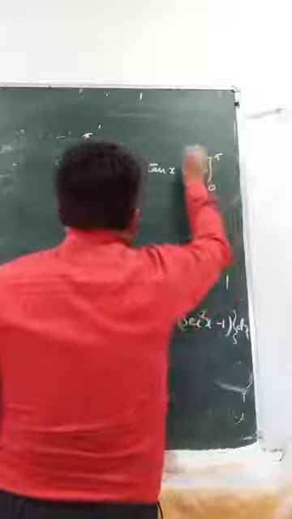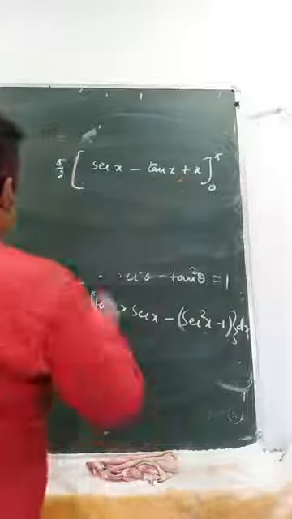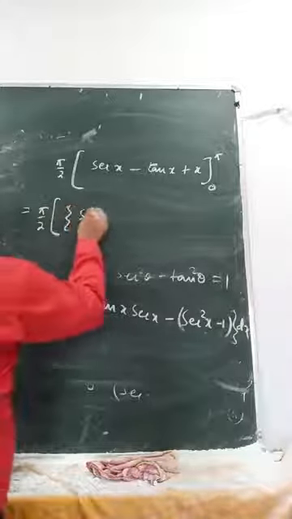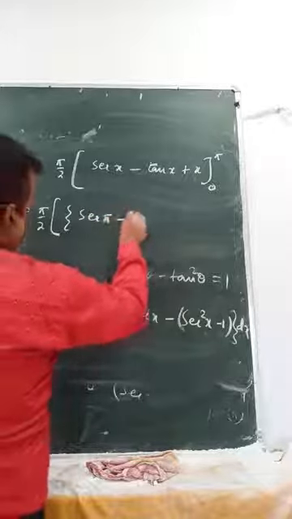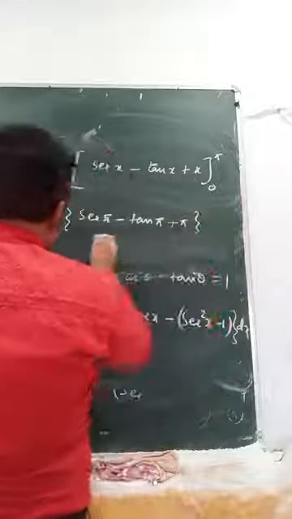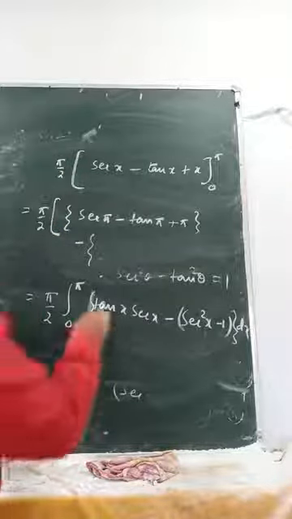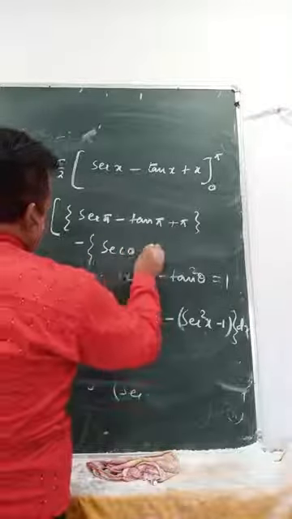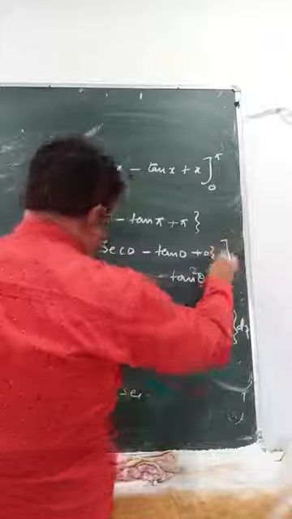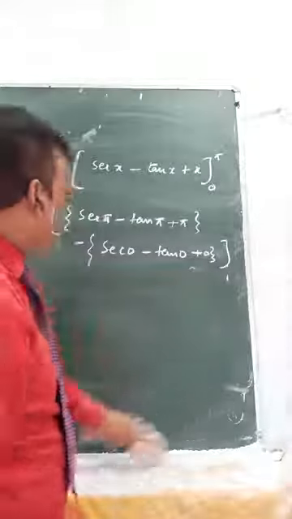0 to pi. Okay. Now let's put pi in all the x. That will be pi by 2, sec pi minus tan pi plus pi, minus sec 0 minus tan 0 plus 0. Okay, the value of sec pi is minus 1.